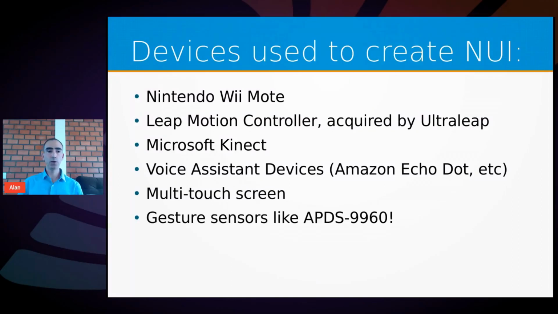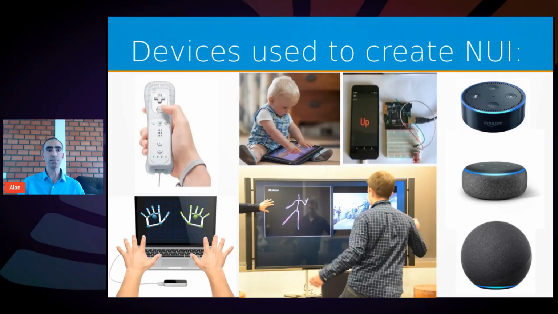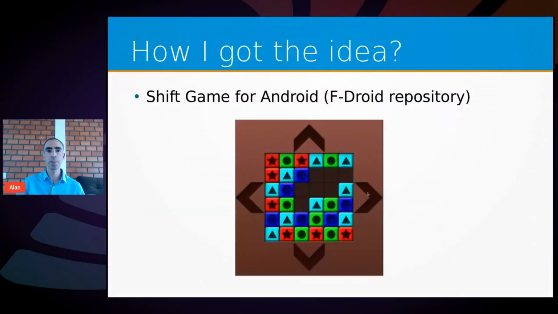And for embedded system developers or enthusiasts, there are some low-cost gesture sensors like the APDS-9960 device. I am using this device in this project. Here are the devices that I talked about, the remote and Leap Motion.